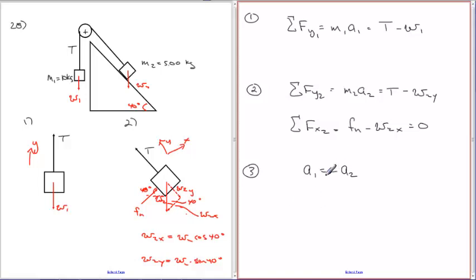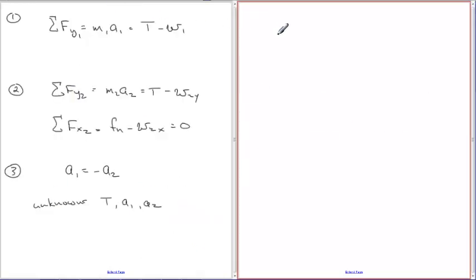The unknowns are actually A1 and A2 and the tension. So the unknowns are T, A1, and A2. Three unknowns, we have three equations. We know the masses, we know the weights, and we know the angles. So somehow we have to do some substitution of some sort to get this to work out.